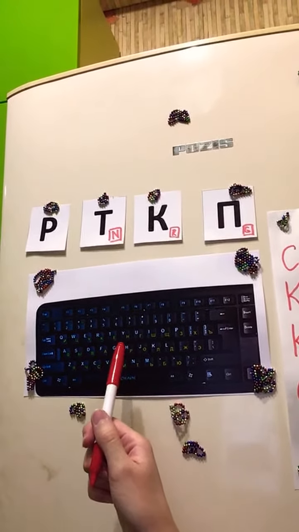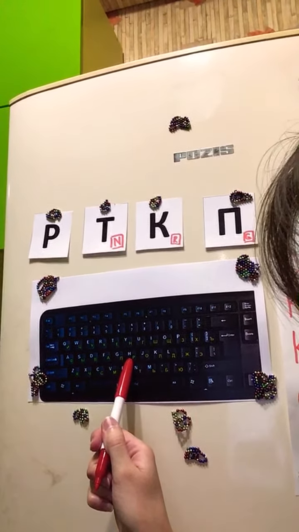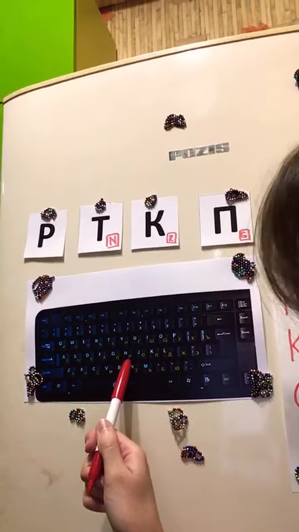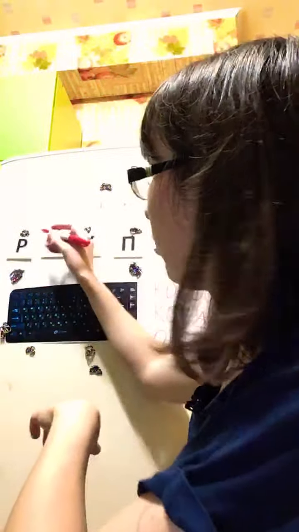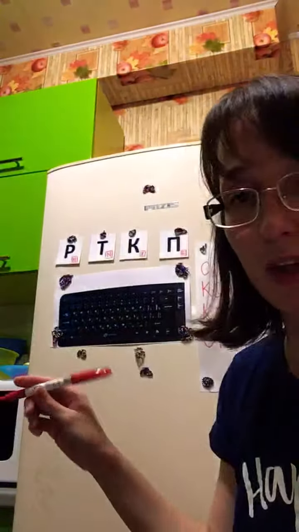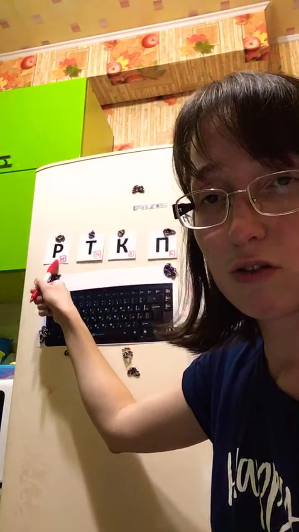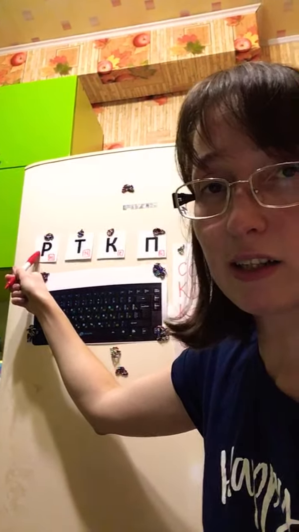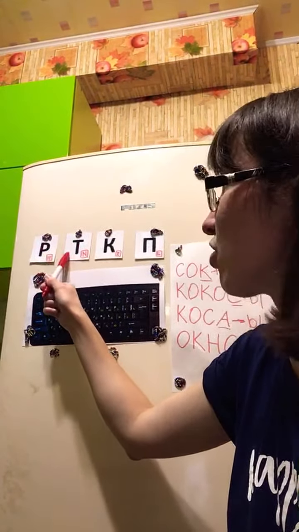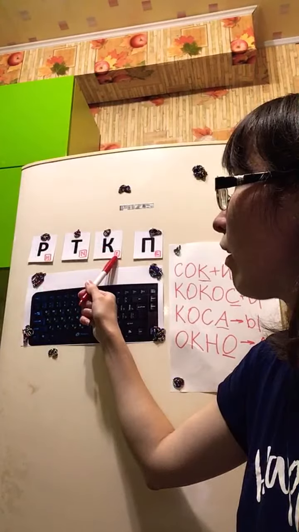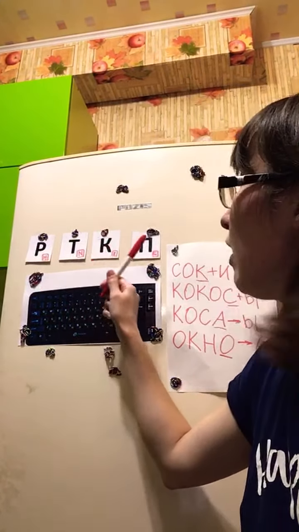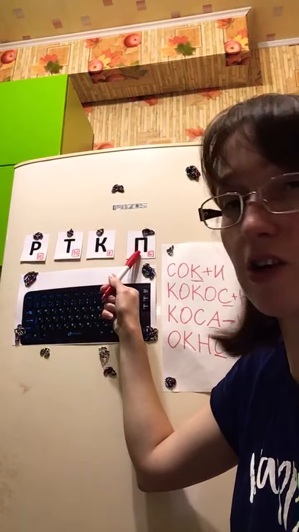When you look at the keyboard and you find the letter H, change your language settings, click the letter H, and you will get a Russian letter R. It's called R, and the sounds are hard R and soft R. So button H gives a Russian letter R. Button N, a Russian letter T. Button R, a Russian letter K. Button G, a Russian letter P.